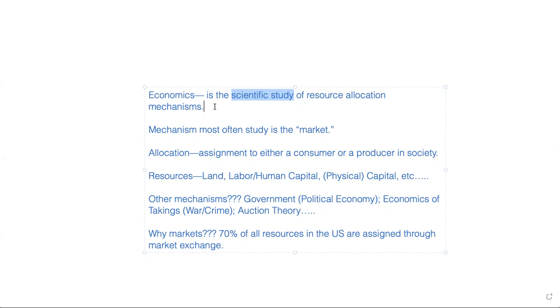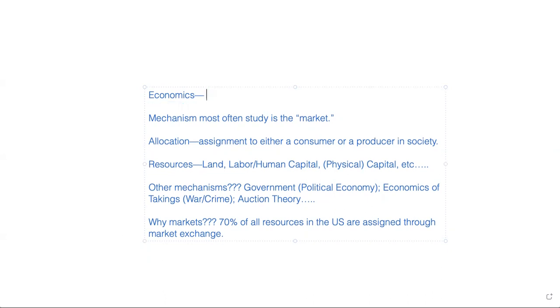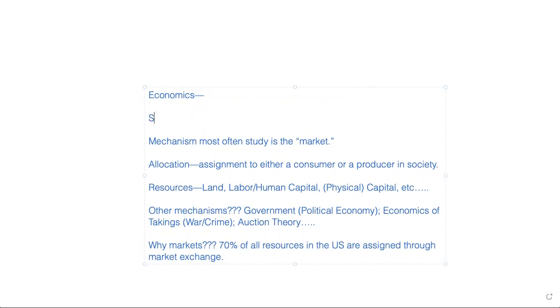Remember, science is about using the scientific method to acquire new knowledge.